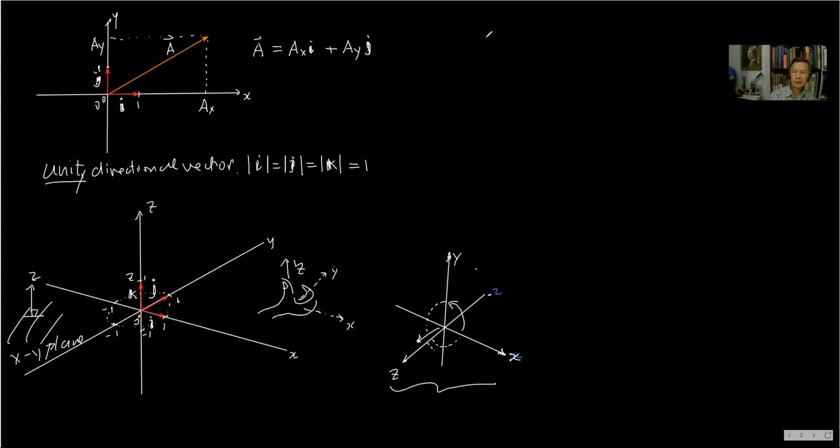So if you have two vectors, I use a different color. This is one vector, and this is another vector. Do you remember what is the general way to work out the sum of these two vectors?